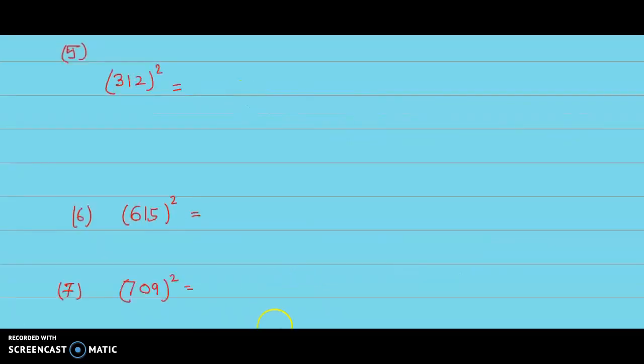Here is the next question, 312 square. So we have to follow the same rule, and I will do them a bit faster now because I have explained the steps. So 3 square is 9, 12 square is 144, and here you will write 12 times 3, 36, times 2, 72.